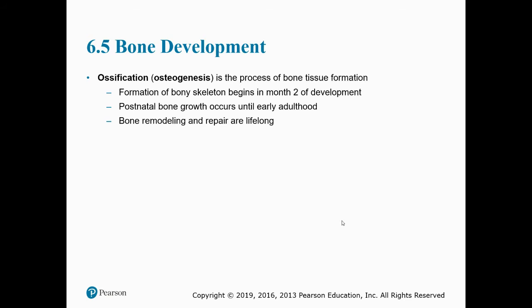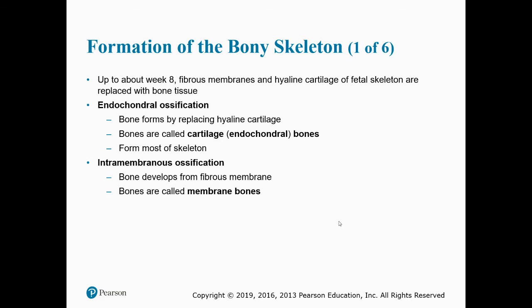Now, bone develops by one of two different methods. These two methods are intramembranous and endochondral ossification. These two types of development are how we eventually get to the complete skeleton that we currently have.